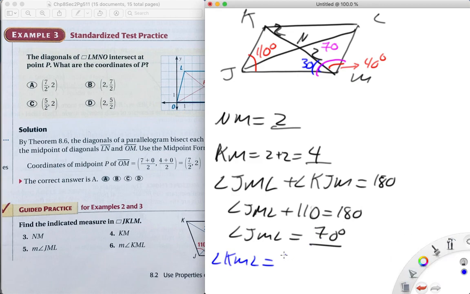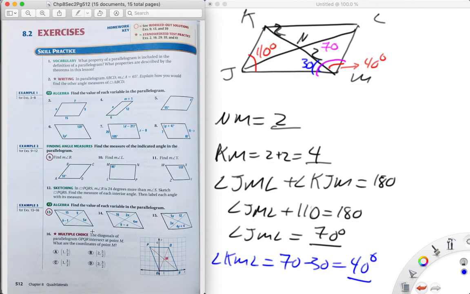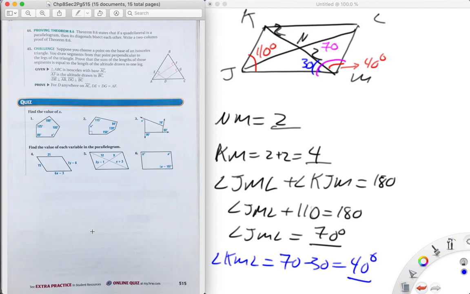The math on these is pretty straightforward. Not too crazy. Okay, alright, so that's that section.